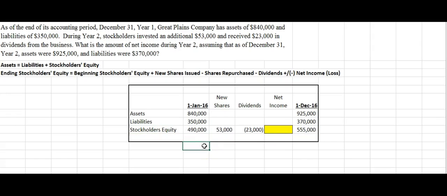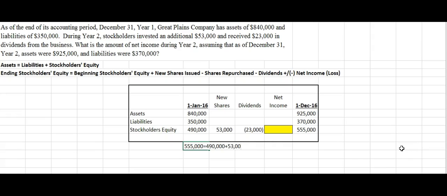So what does this say? My ending stockholders' equity, 555, equals beginning stockholders' equity 490, plus new shares issued, plus 53,000.